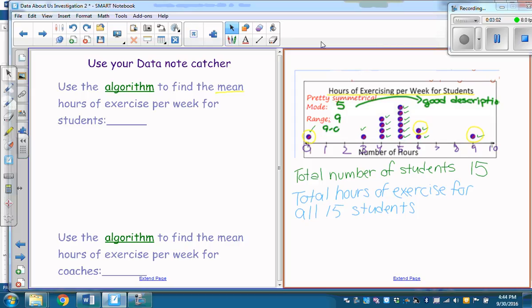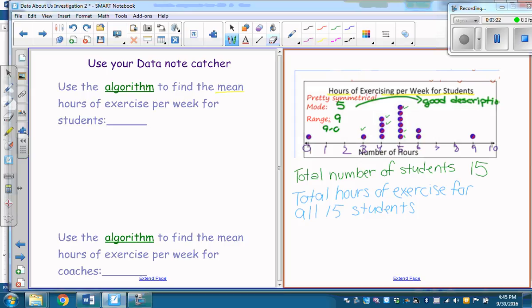Okay. So the way we're going to get that is we're going to look at each one of those dots and make a list for ourselves.